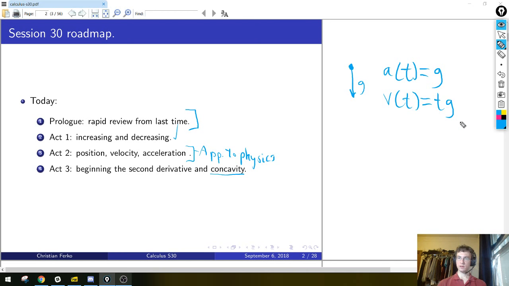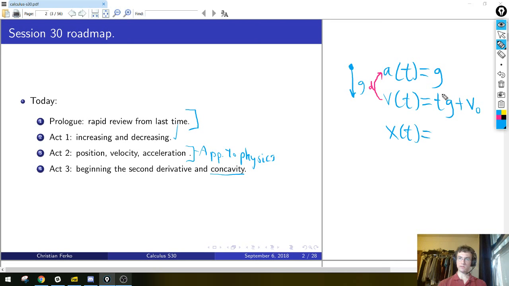But there's actually a freedom to add a second constant, which is sometimes written v sub 0, because when I take the derivative of this constant, it will vanish. It's 0.